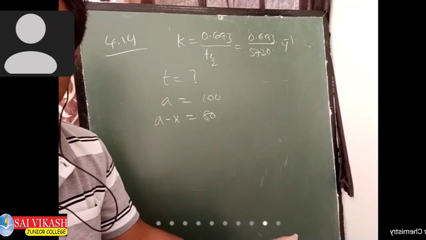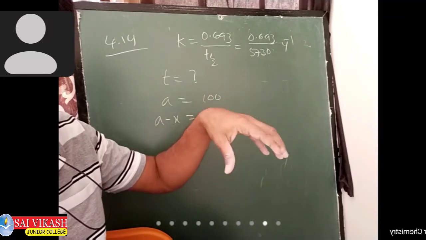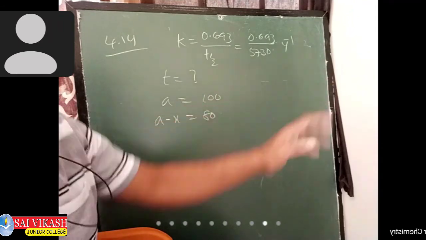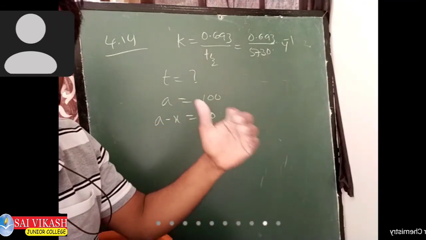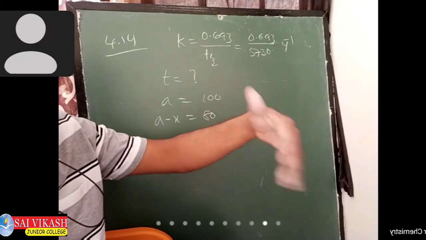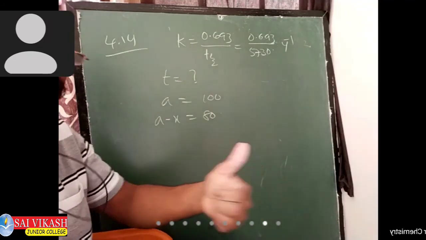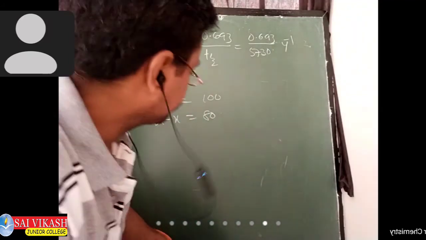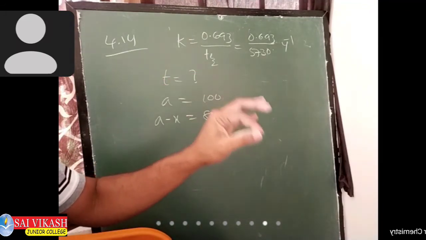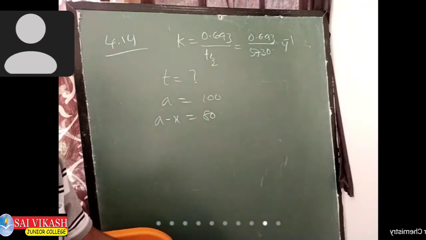How they find the age means they will use the carbon C14 radioactive element. They will pour the carbon C14 powder on the sample, and the C14 releases radioactive radiations, alpha, beta, gamma radiations. Using those radiations they will find the age by using this formula only. See how. What they found, 80% of the C14 found in the living tree.